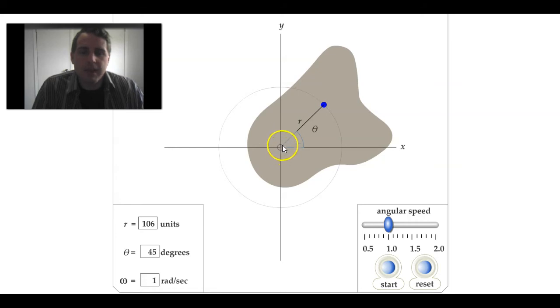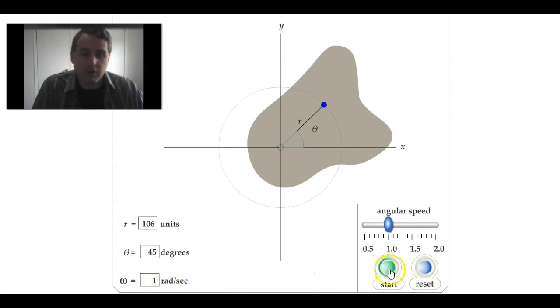This is going to be the axis of rotation. Typically, we define the x and the y-axis from there, but we also define the radius out to some point of interest and the angle theta. So that's going to be an angle theta in radians. Notice that we can still convert from radians to degrees, but radians in some sense are unitless.